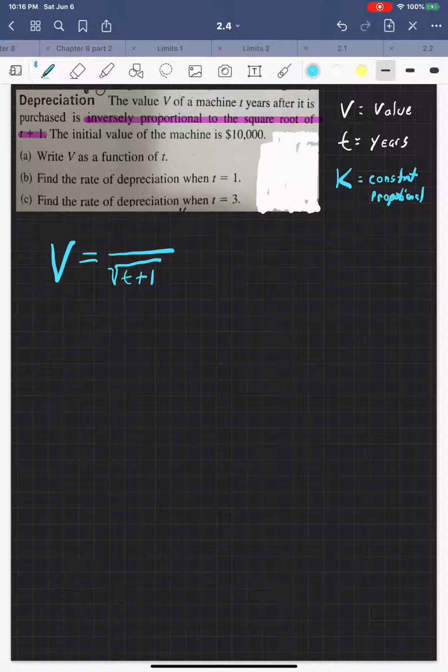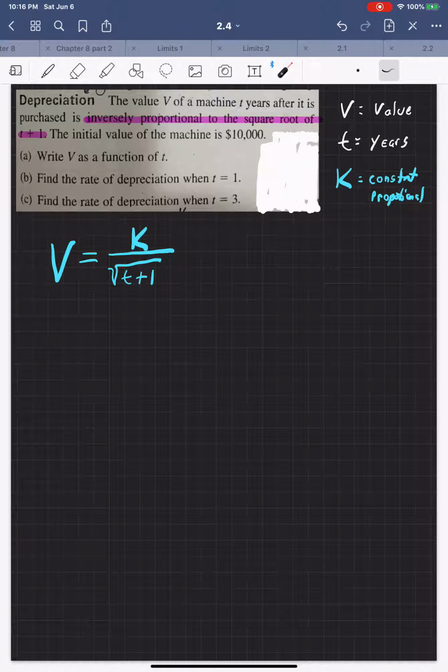So inversely proportional, so that's K over the square root of T plus 1. So part A is actually already done. It says write V as a function of T.